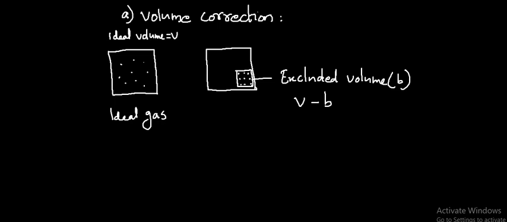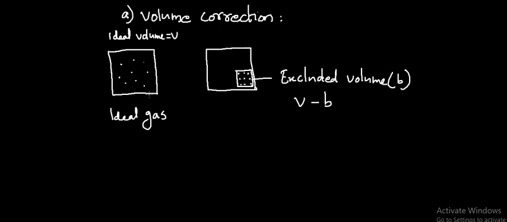The volume V of an ideal gas is the same as the volume of the container, by considering the molecules in a gas to be point masses that possess no volume, according to the kinetic theory of gases. So the volume of the gas is equal to the volume of the container in the case of ideal gases.